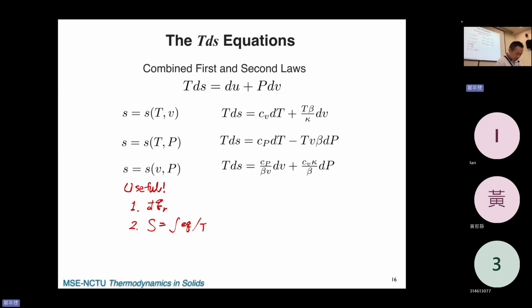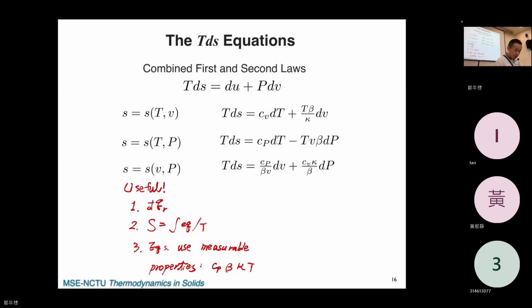The third advantage is that the equations use measurable properties, something that can be measured and determined easily, like Cp, like beta, like kappa, like temperature.